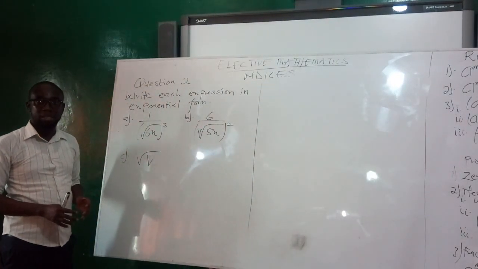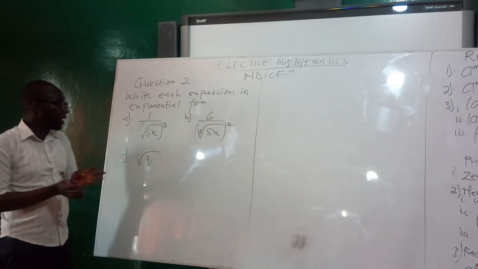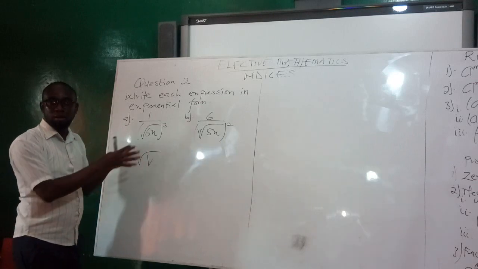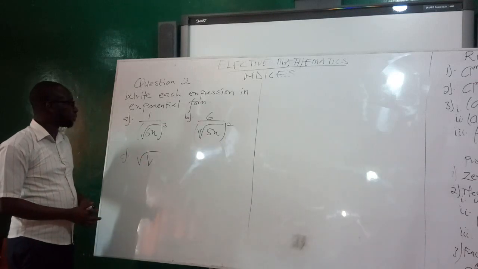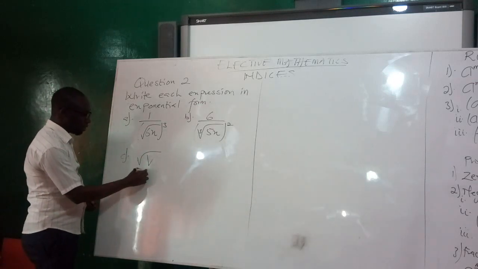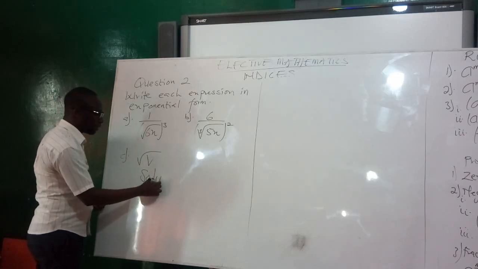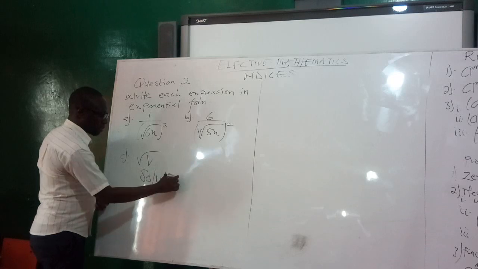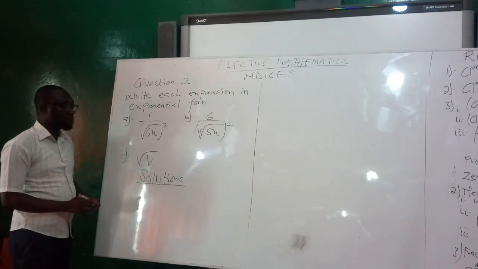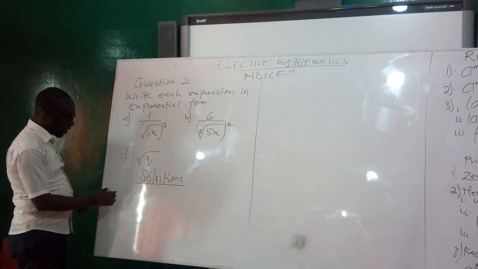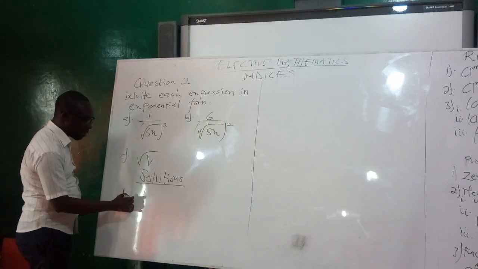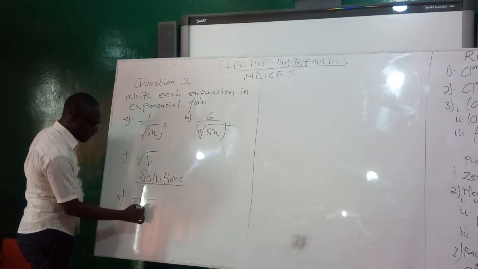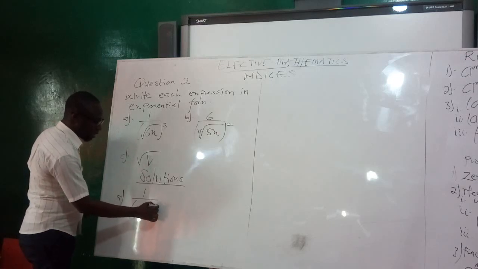So what this means is we are to write it so that we have the number as, let's say, v raised to the power of 3 or so. So let's start with the first one, solution. Now A, you have been given 1 over the square root of 6x, then raised to an exponent of 3 here.